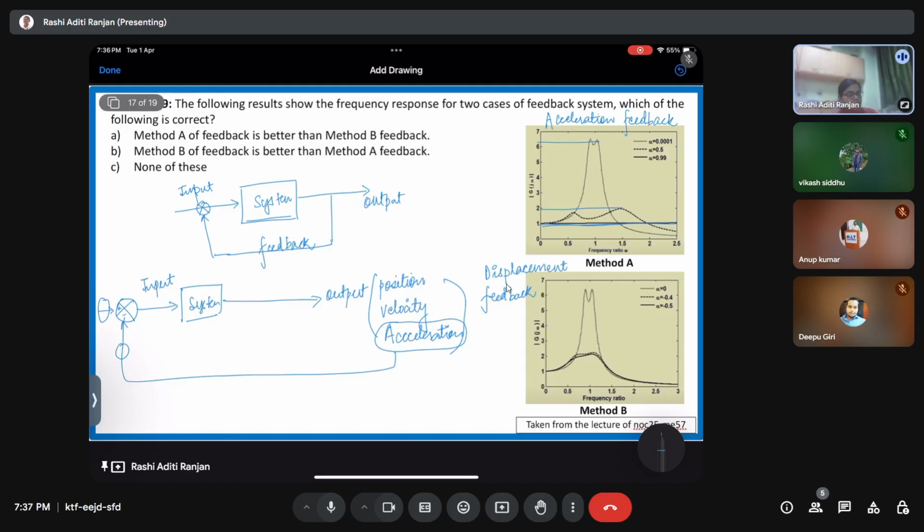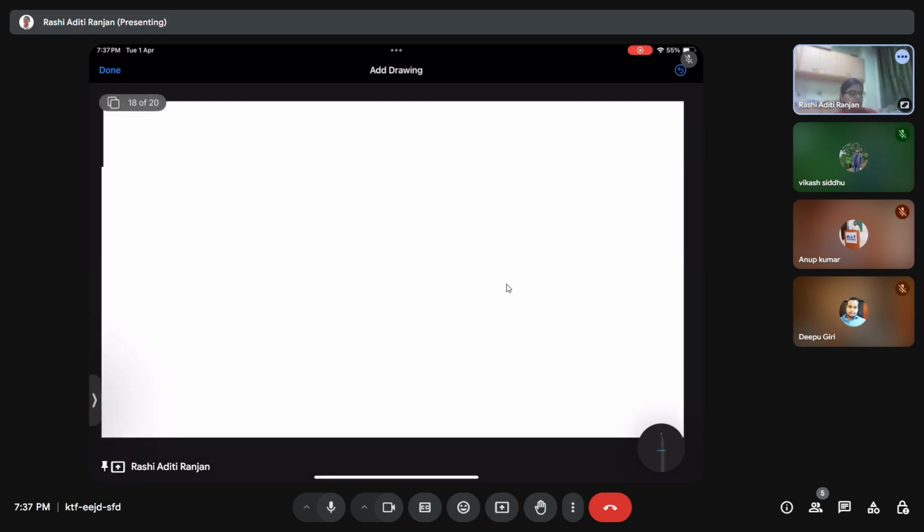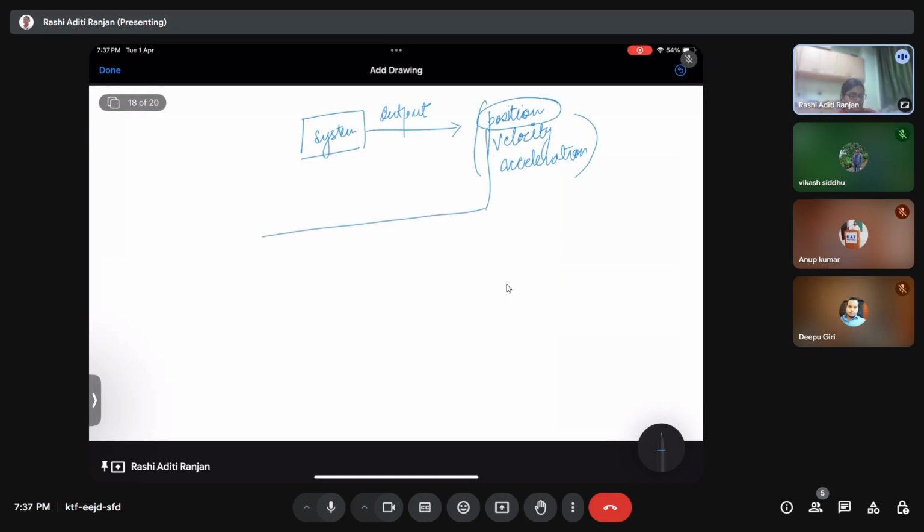Now, when we talk about displacement feedback or the position feedback, what is happening over there? In this case, for the system, if I have an output, I have position, velocity, acceleration. Now what will I do? Take this, send it to the feedback.